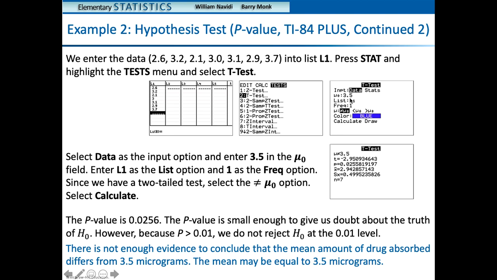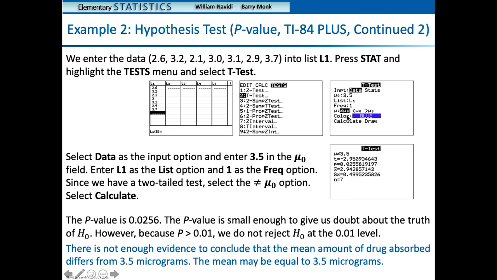And then for input, make sure that data is selected. Mu 0, that's the null hypothesis, so you should type in 3.5 for that. Under list, it should be L1, right? It should refer back to L1 because that's where we typed our data in. Frequency defaults to 1. You can just leave that alone.